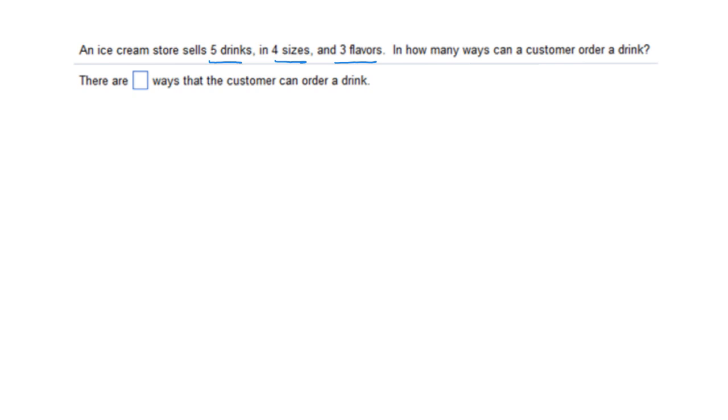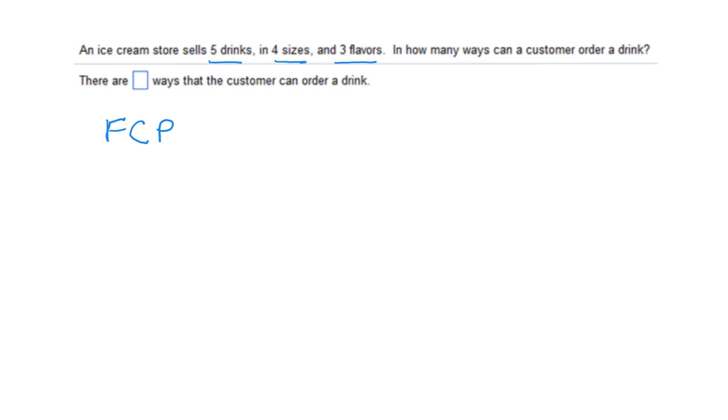All right, you need to ask yourself, does the order matter on here, on how you select each category for your drink? The answer is no. This is the one where you're going to choose the fundamental counting principle, which I call FCP. It's kind of like that example we saw in the previous sections for 11.1 when we talked about the young man that was selecting his outfit with 2 pairs of pants, 3 shirts, and 2 shoes.